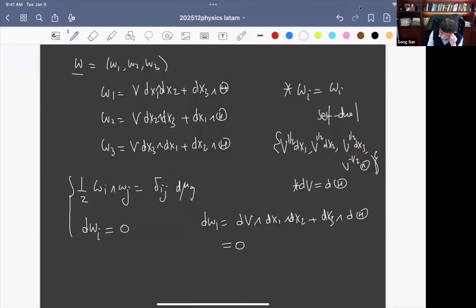So once we know it's self-dual, we can write down, use complex geometry, a little bit more complex geometry, but we have time.